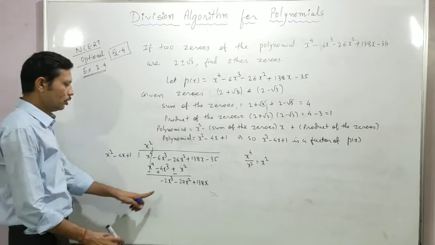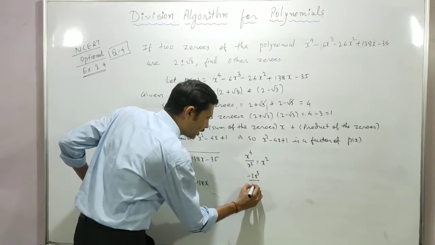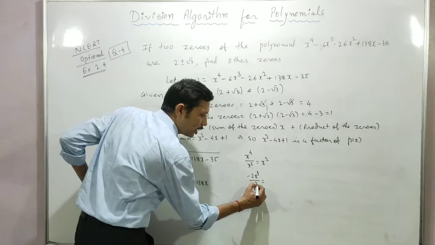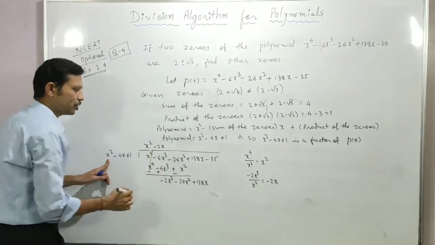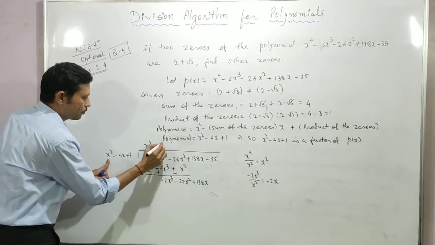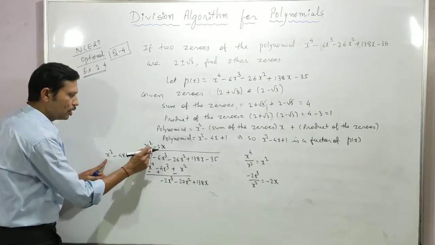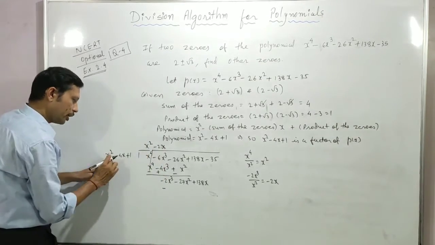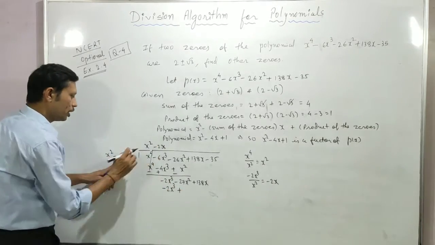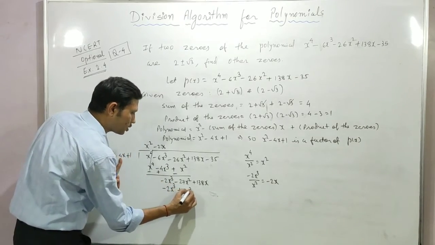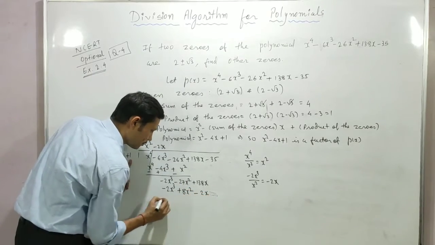Now the first term of the dividend, minus 2x cube, should be divided by the first term of the divisor, that is x square. From the 3 I subtract the 2 powers, so remaining is minus 2x. That is the second term of my quotient. And minus 2x multiplies with all 3 terms, and we will write down here. Minus 2x multiplied with x square is minus 2x cube, minus 2x multiplied with minus 4x is plus 8x square, minus 2x multiplied with 1 is minus 2x.